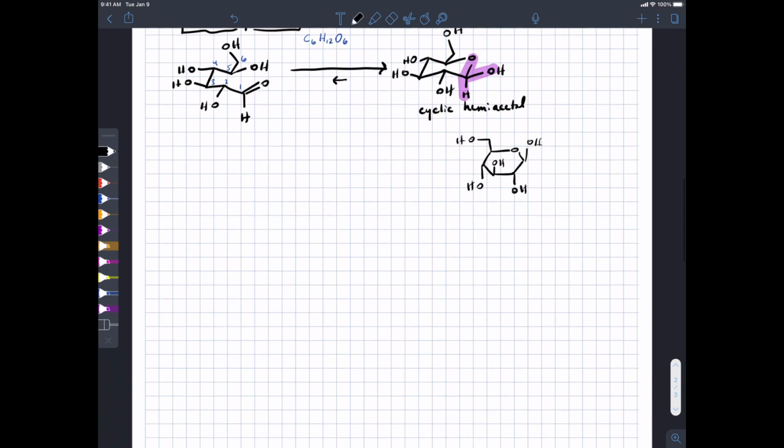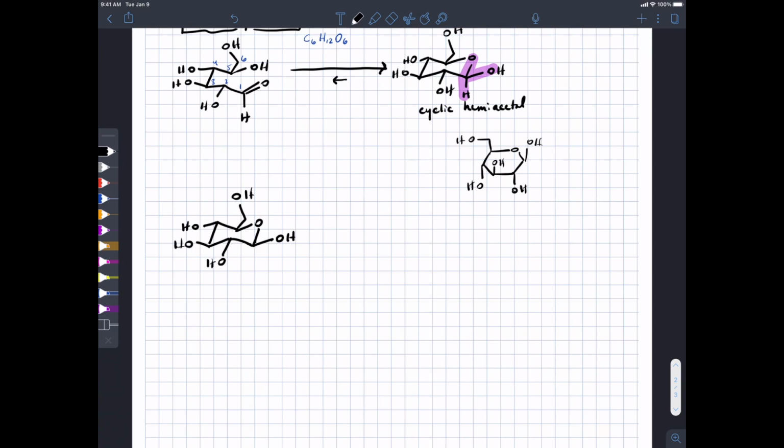So what if we linked two glucose molecules together? So here is the first one. And it's an enzyme that does this.